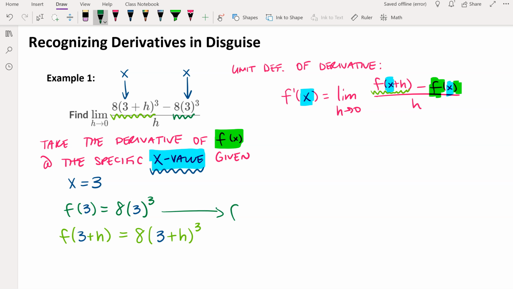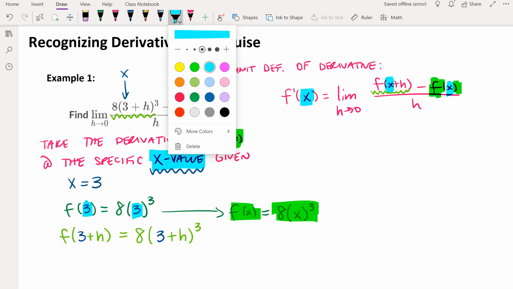This means f of x equals, well, let's replace the 3 with an x. Let's change this 3 right here to be an x instead. So we have 8x cubed. That's your function, y'all. This is it. F of x is 8x cubed. So we know f of x is 8x cubed, and we know that x equals 3.